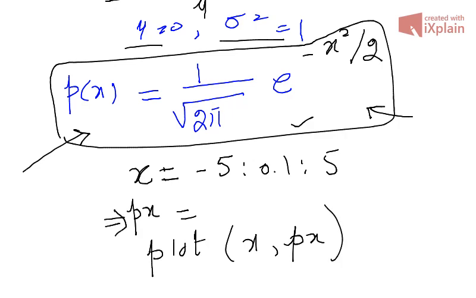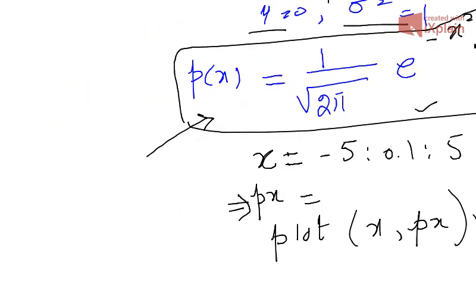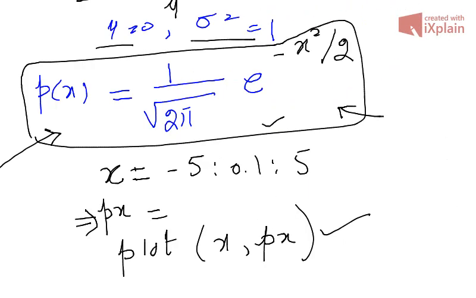So when you use the plot command, you have to write this right hand side expression in Octave and just plot it. If you plot this one, you would get a bell-shaped curve like this.